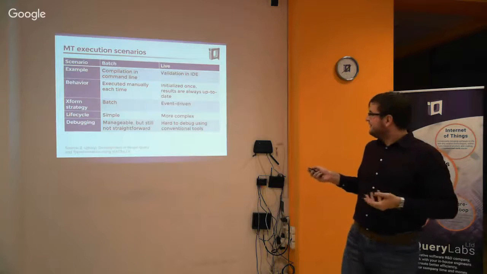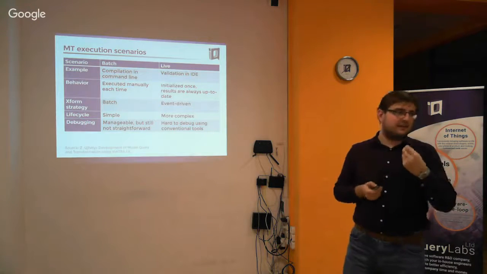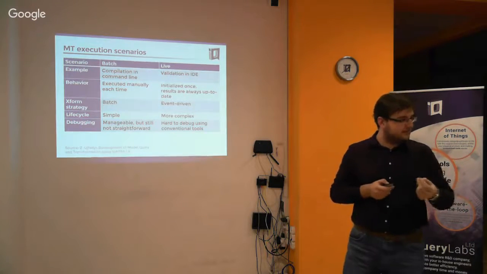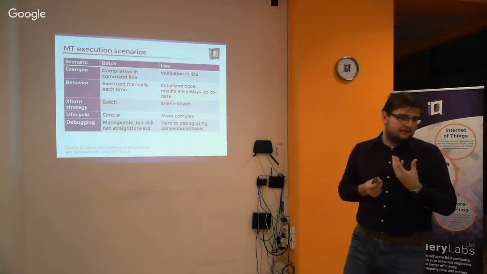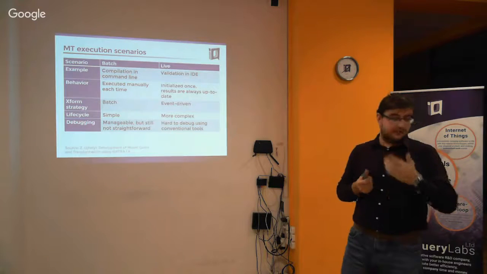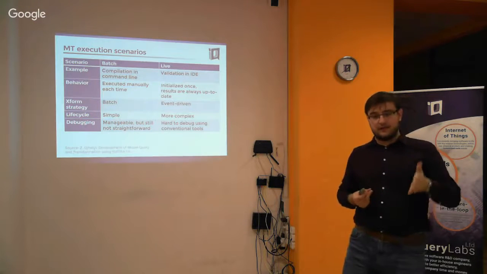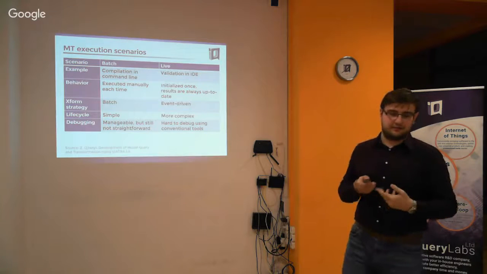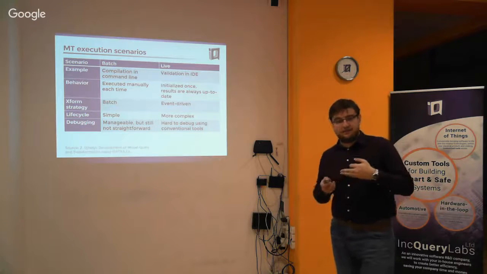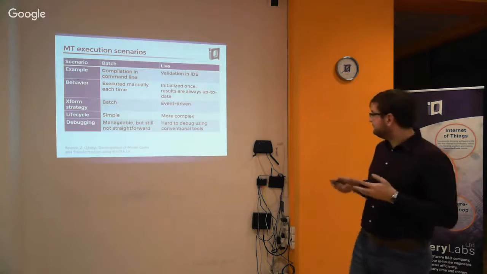In the event-driven case, activations are executed in reaction to changes in the source meta model. For example, if one of the rules is triggered and an activation is produced, then in a live environment, the activation is executed as soon as the model changes are applied.